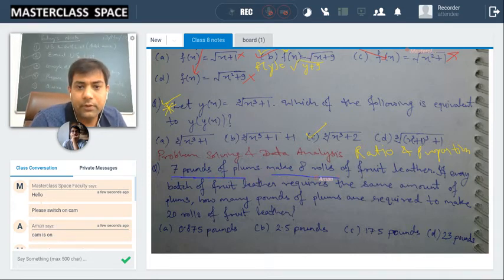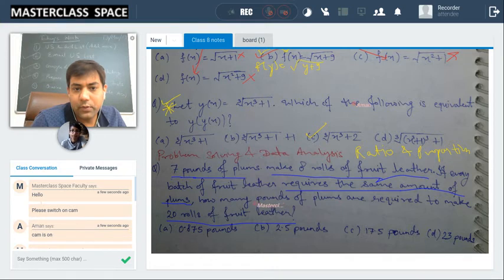7 pounds of plums, 8 rolls of fruit leather. Okay.